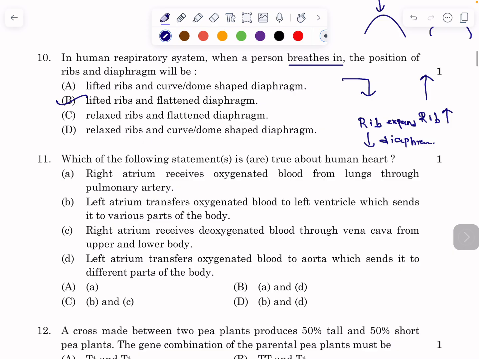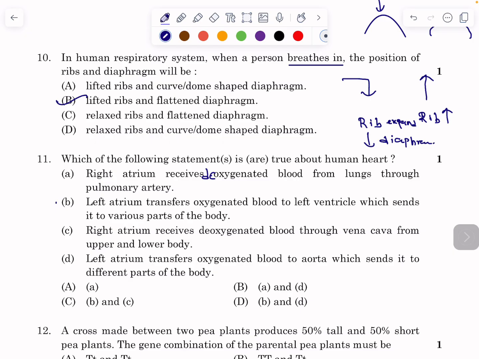Which of the following statements are true about the human heart? Question number 11. Right atrium receives oxygenated blood from lungs through pulmonary artery. No, it is not correct. Right atrium receives deoxygenated blood. Left atrium transfers oxygenated blood to left ventricle, which sends it into various parts of the body.